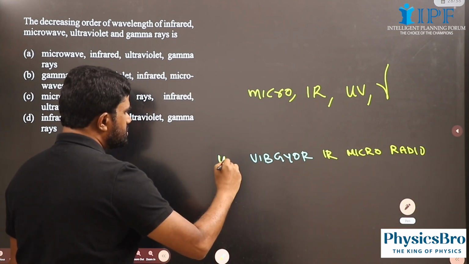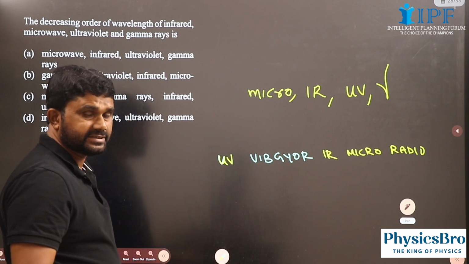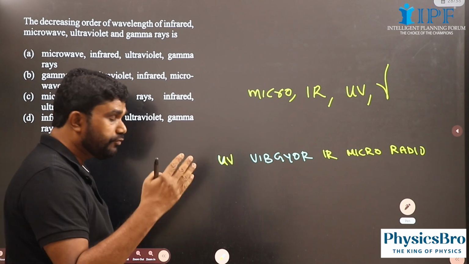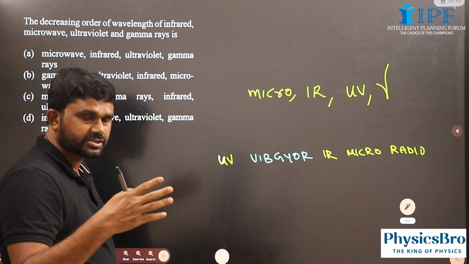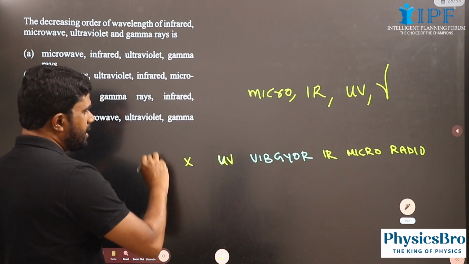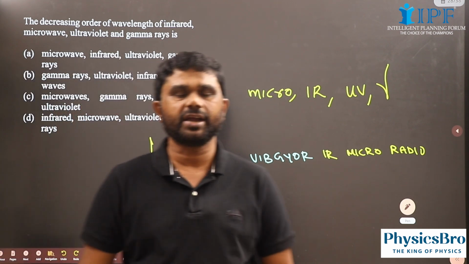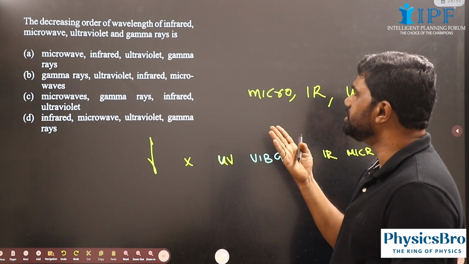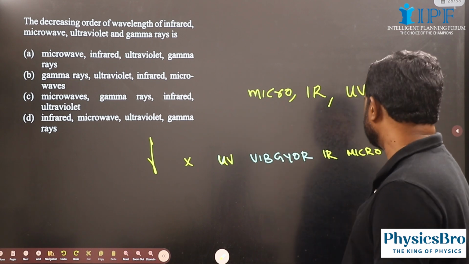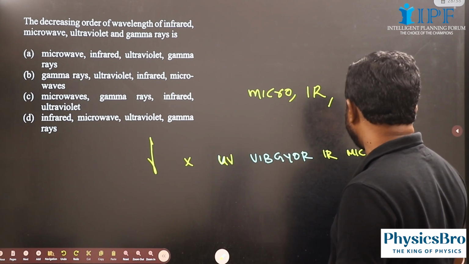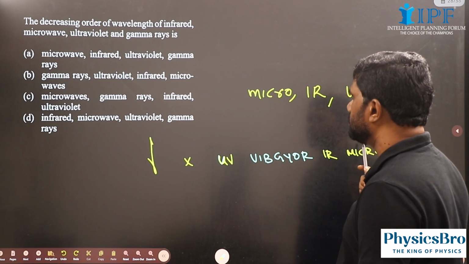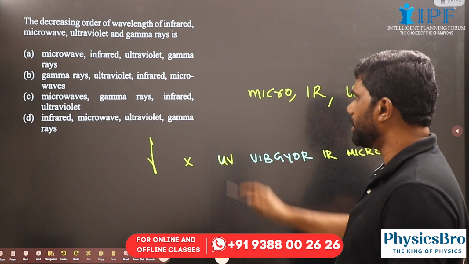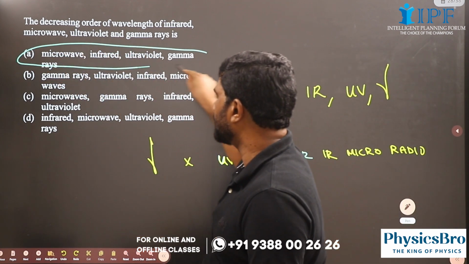Then, just following the alphabetic order, U, V, W, drop it, X, and Y. Y stands for gamma ray. So we want to arrange this in decreasing order of wavelength: microwaves, then infrared, then ultraviolet and finally gamma rays. So this must be the correct order.